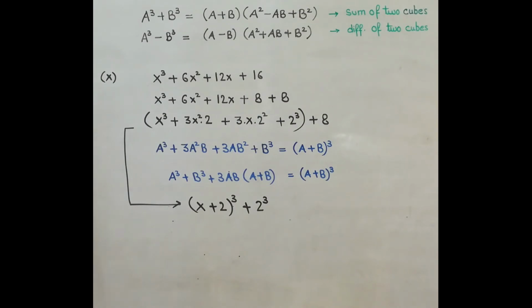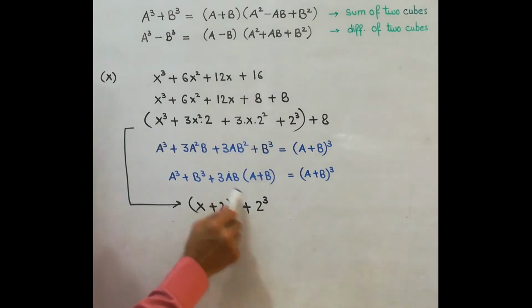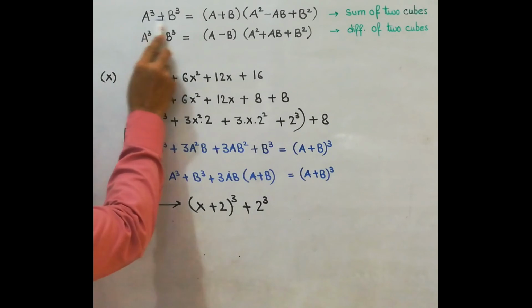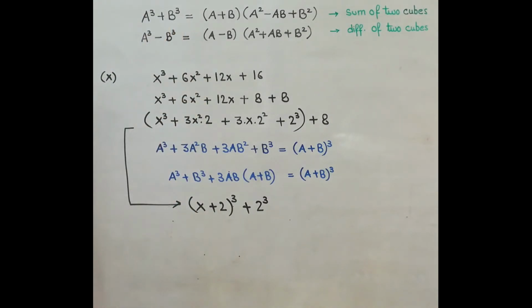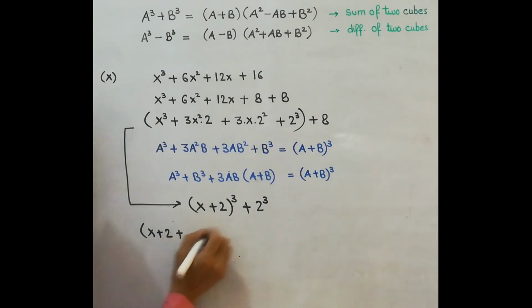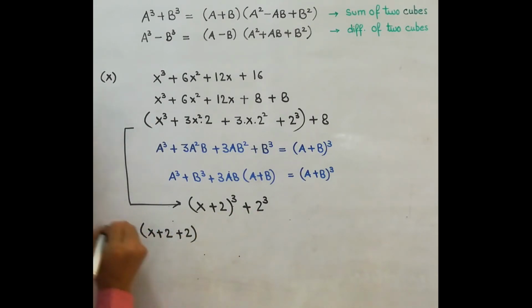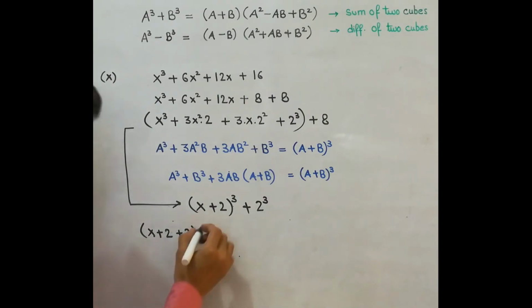Now which form have you got? This is your a cube plus b cube. So apply the formula a cube plus b cube. When you apply this formula, what do you get in the first bracket? a plus b. This you get in the first bracket. Going to the second bracket, what do you get?